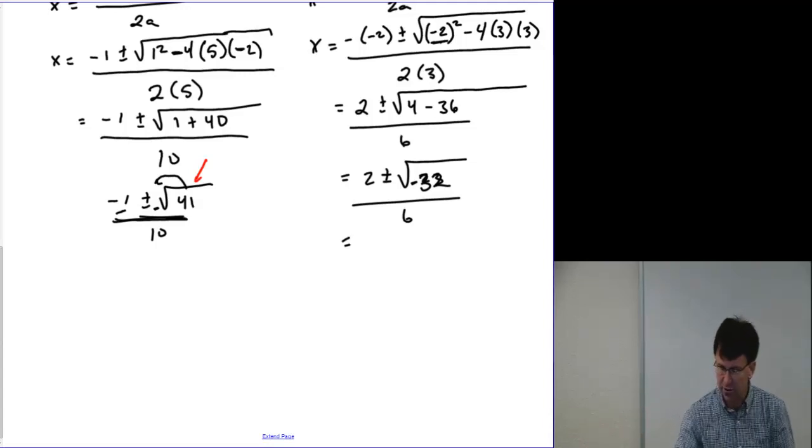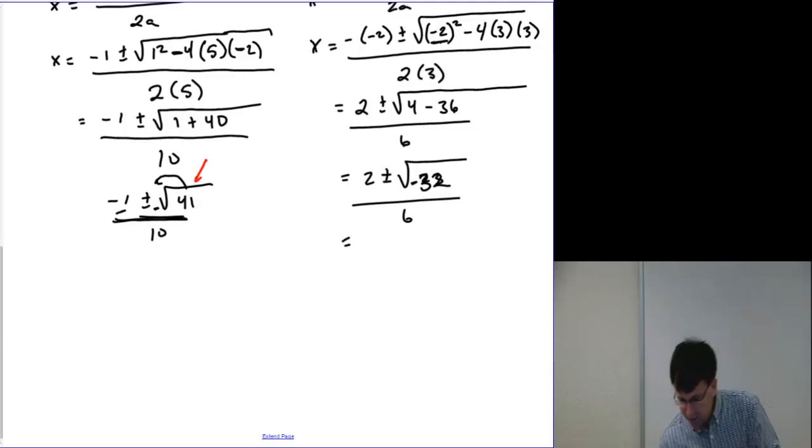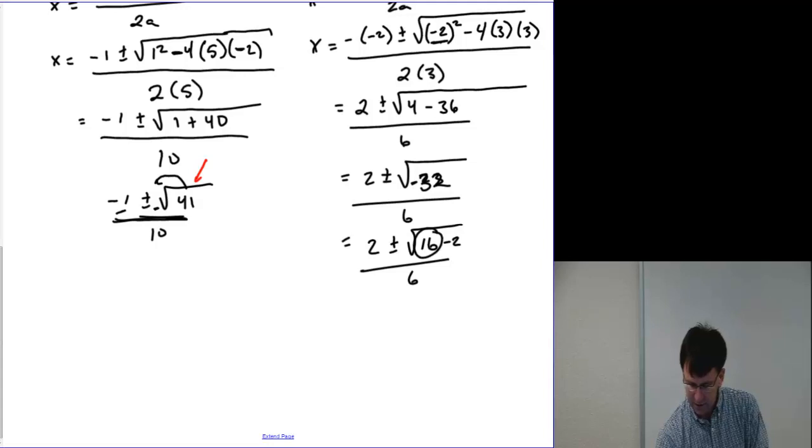I think that 32 has some good things going on. I think that 32 is the same thing as 16 times 2. So we could say this is 2 plus or minus the square root of 16 times negative 2, all over 6. And so that 16 is going to come out as a 4. So I end up with 2 plus or minus 4 square roots of negative 2 all over 6.